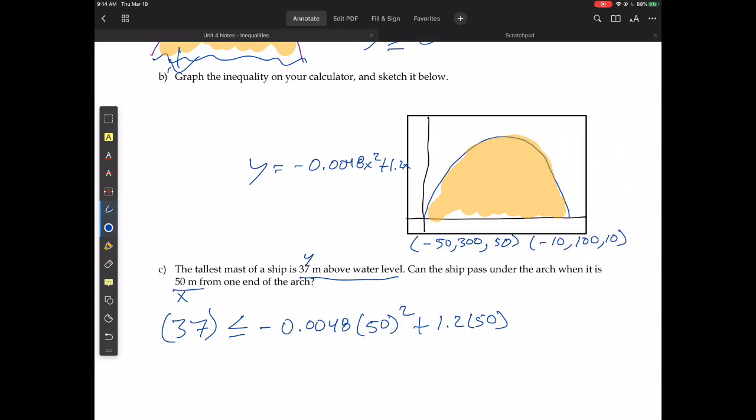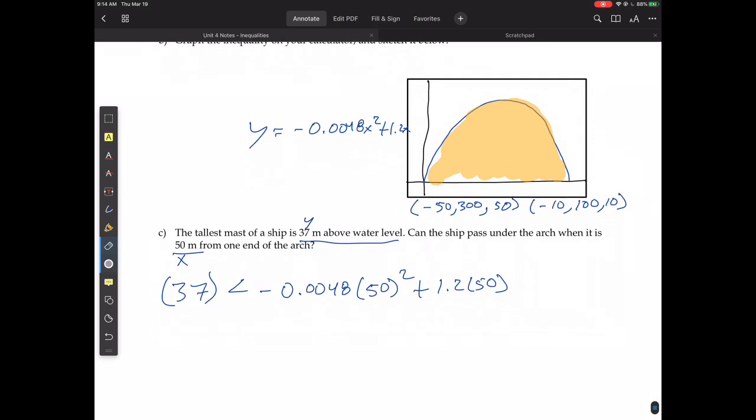Now, because it says specifically that it wants it to be under, we're going to eliminate that equals to as well. We're going to say that we don't actually want it touching, we want to see if it can exist underneath. When I multiply this out, negative 0.0048 times 50 squared is negative 12, and 1.2 times 50 is going to be plus 60.